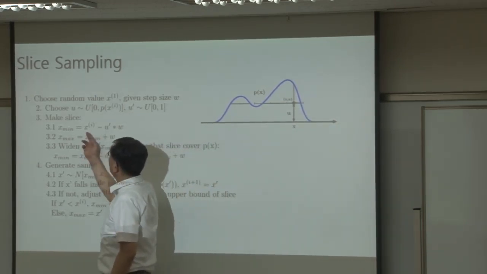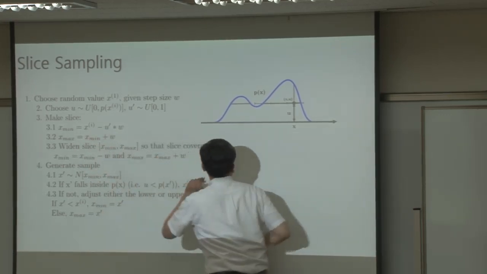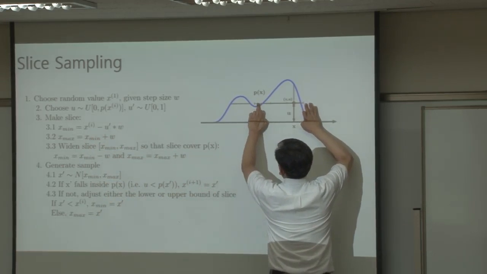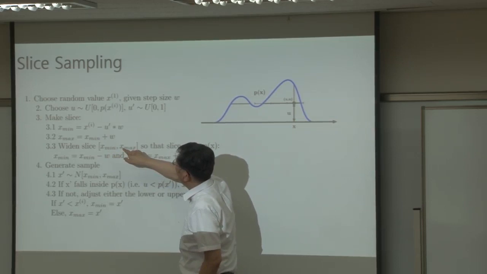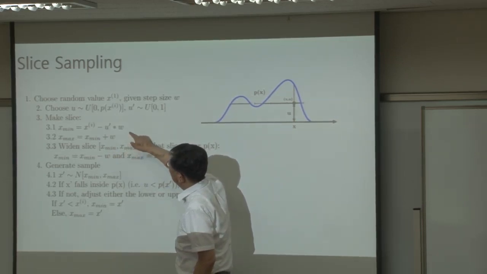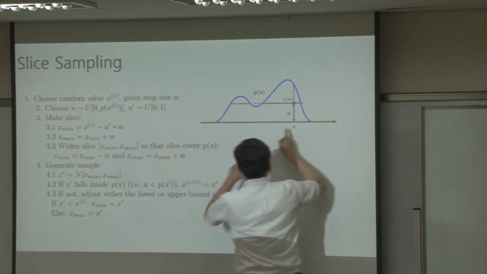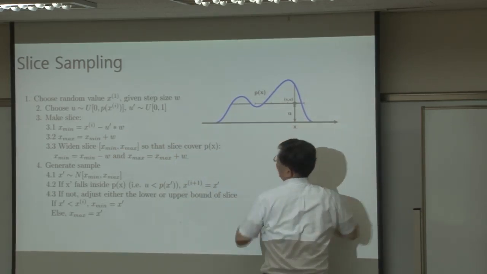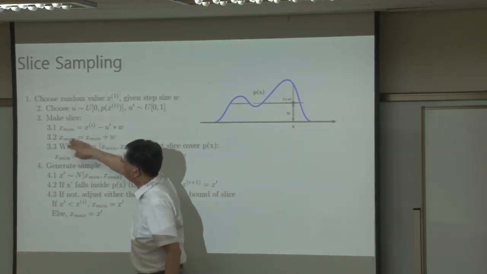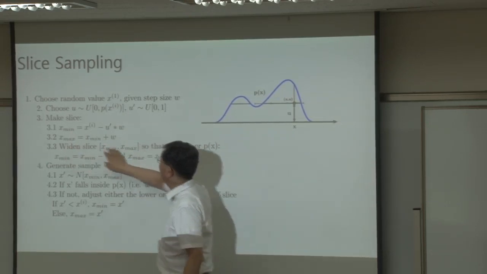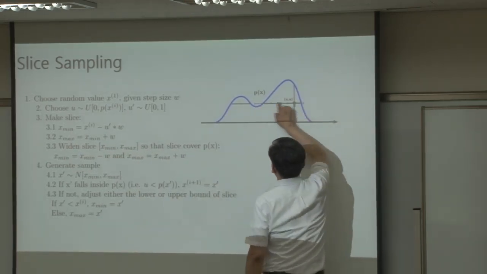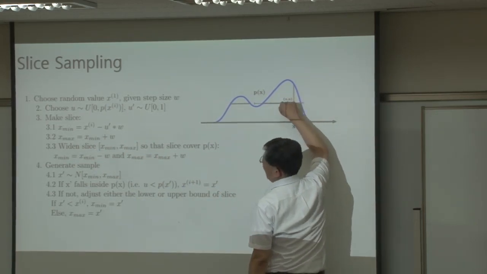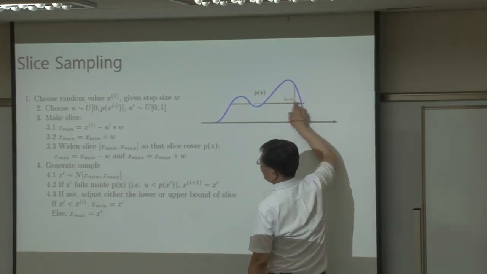And you consider intervals, X min and X max, right here. X min and X max are calculated based on this value here. And then you do uniform sampling in that interval.